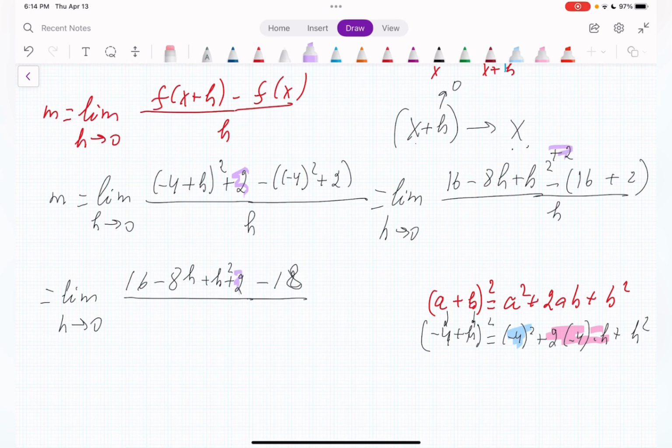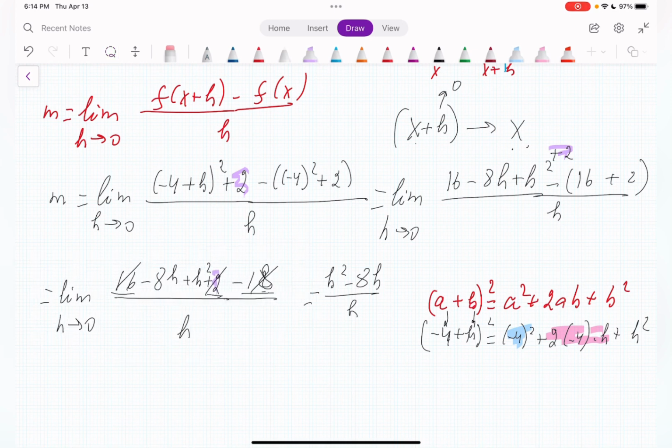All right, so what do we get? 16 plus 2 is 18, and minus 18, which means we are going to cancel this. And we are getting h squared minus 8h divided by h, in the limit.